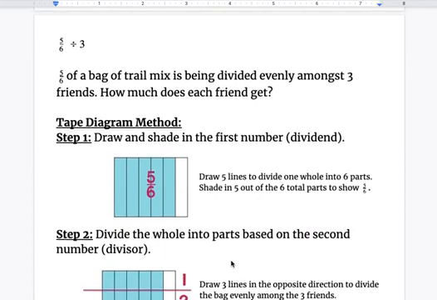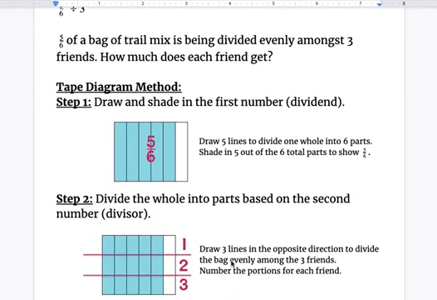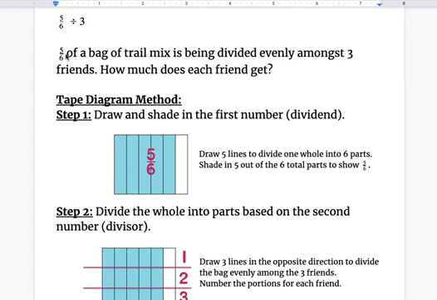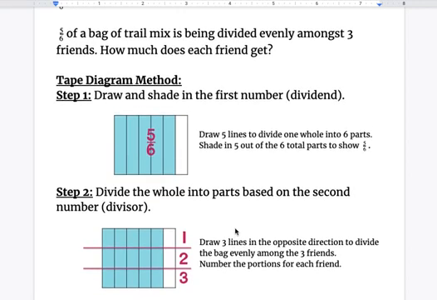Now step 2 that you should have in your notebook is that we're going to divide that 5/6, the whole, into parts based on the second number, the divisor. So dividend is the total that you draw, and then the divisor is the second number that you're going to divide it into. So here we have 5/6 of the trail mix that they're sharing, and then we are actually going to divide the whole into 3 parts.